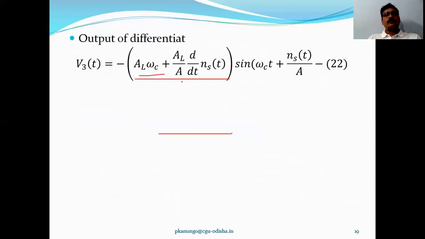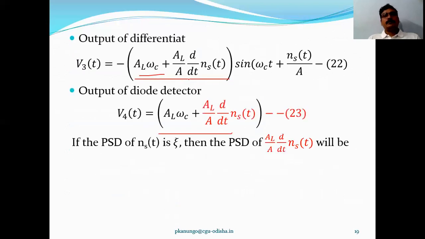Now when we go for the envelope detection, we get this envelope as the output of the diode detector, but this is a DC term. It will be blocked by my baseband filter, so I don't bother about this, only about this term. What is my objective now? We know the power spectral density of n_s(t), which is zeta.